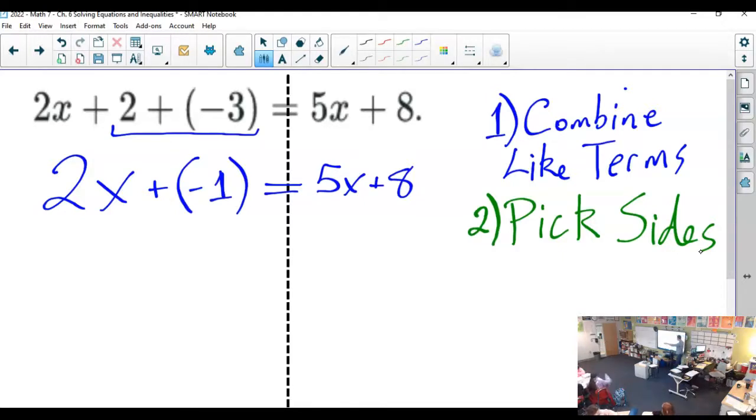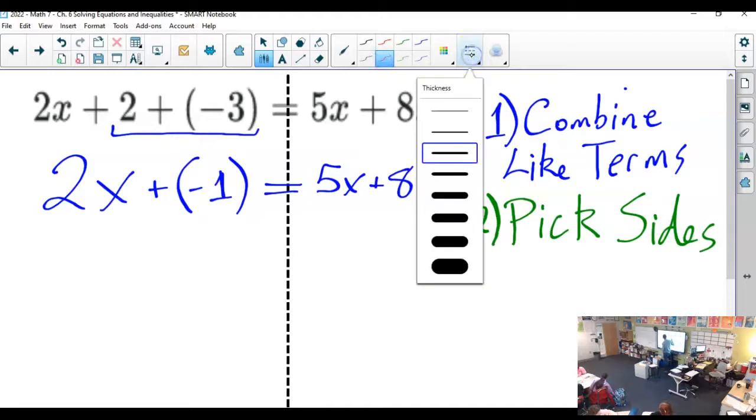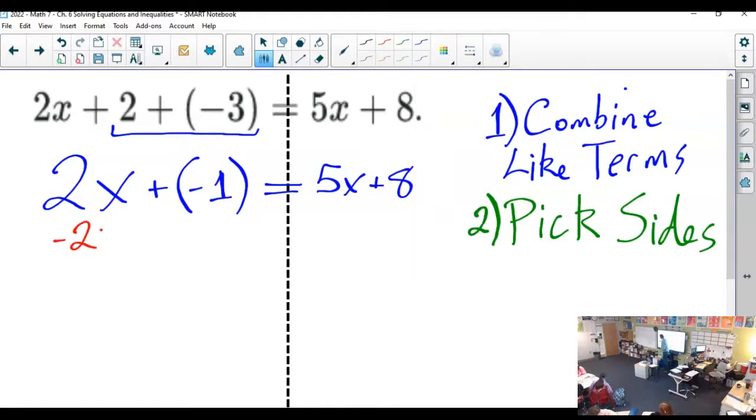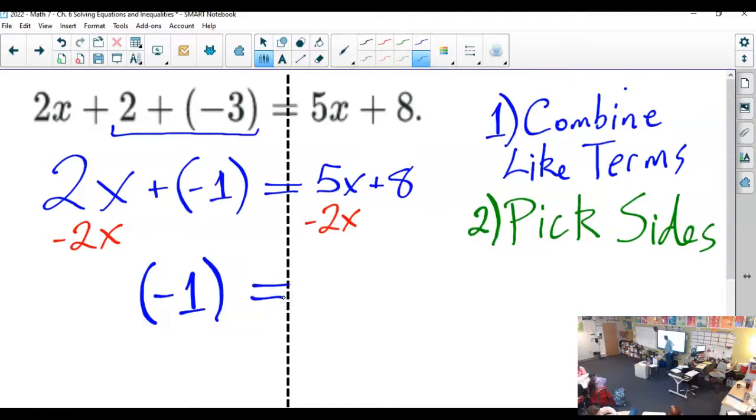So John said, take 2x away from both sides, and that means there are no variables left over here. So the right side will now be our variable side. So -1 equal to 5x minus 2x, 3x plus 8, because I still have that plus 8.